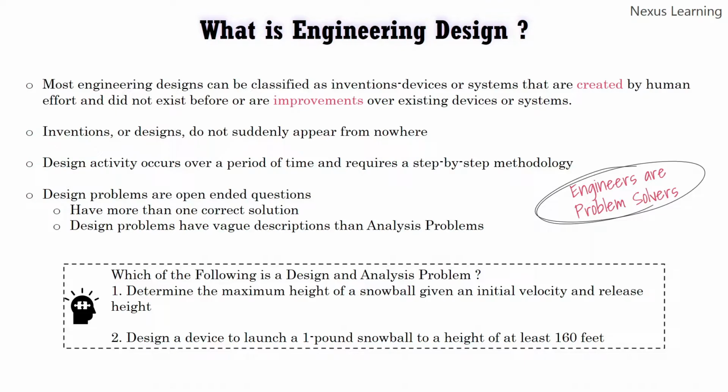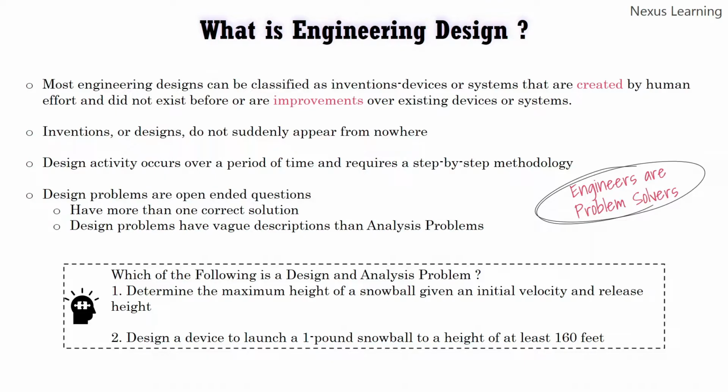That is nothing but an analysis problem. It is a question with a mathematical solution, and there is only one solution. 2 plus 1 has only one solution. It is only 3, not 4, not 2, not 0.